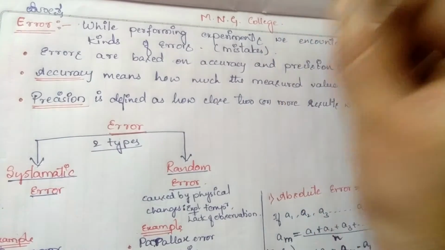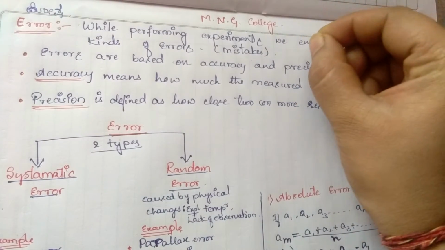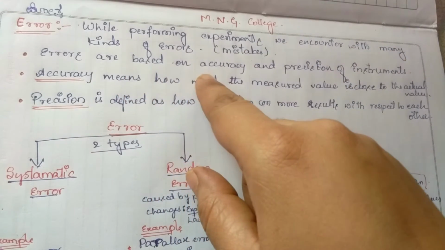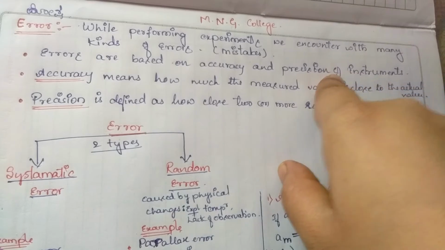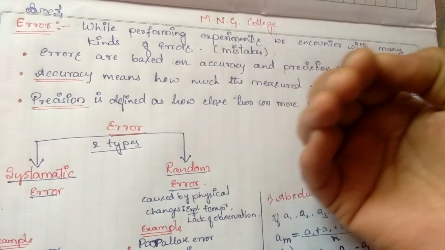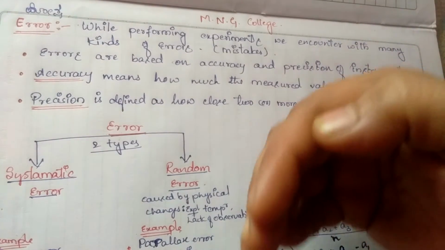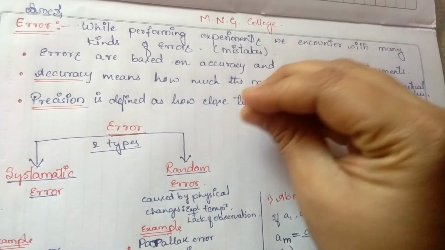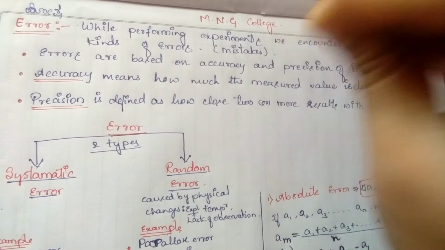A perfect value means a standard value for that experiment. Errors are also based on the accuracy and precision of instruments. If there is something wrong in the procedure of an experiment, or there are instrumental mistakes, we call it error.